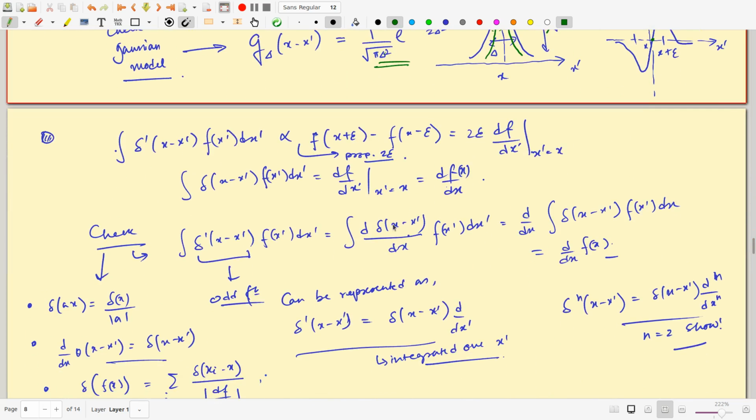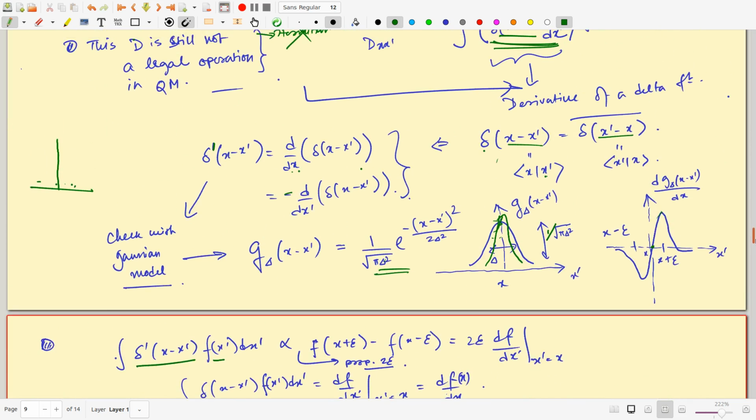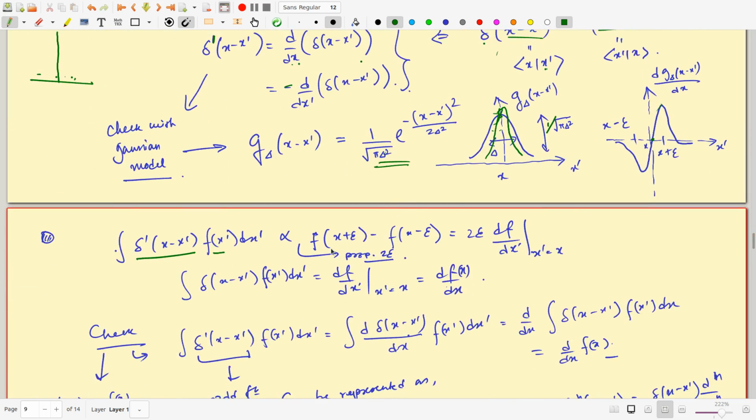Okay, so now I want to see how the derivative function acts on this f of x prime. This will give me this form, and you can check easily that it will have this structure: f(x plus epsilon) minus f(x minus epsilon), because it depends on the distance between these two points, which I assume to be epsilon.